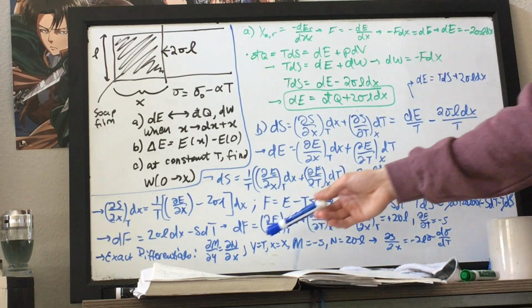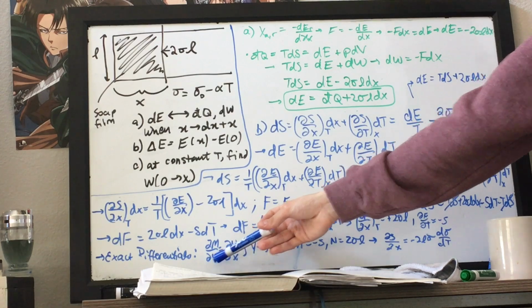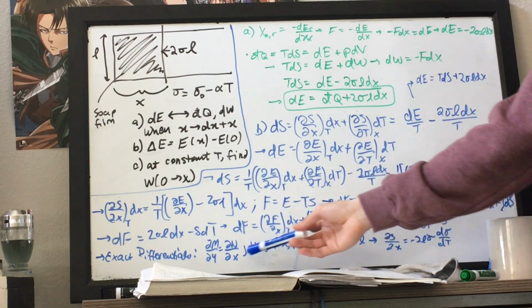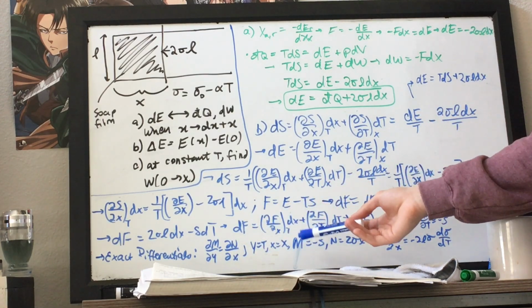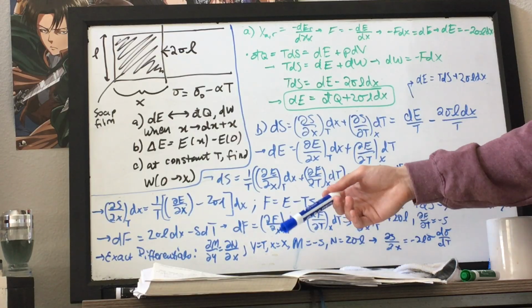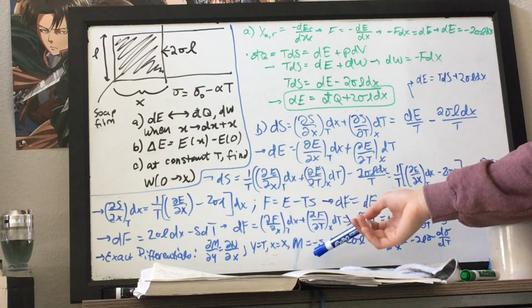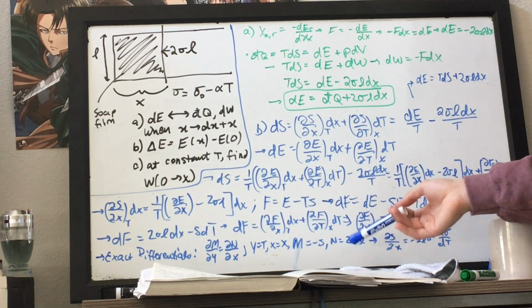So in this case, if we let y in this expression be equal to our temperature, and x just be equal to x, then we'll see that our value for M is equal to negative entropy, and our value for N is equal to the surface tension.